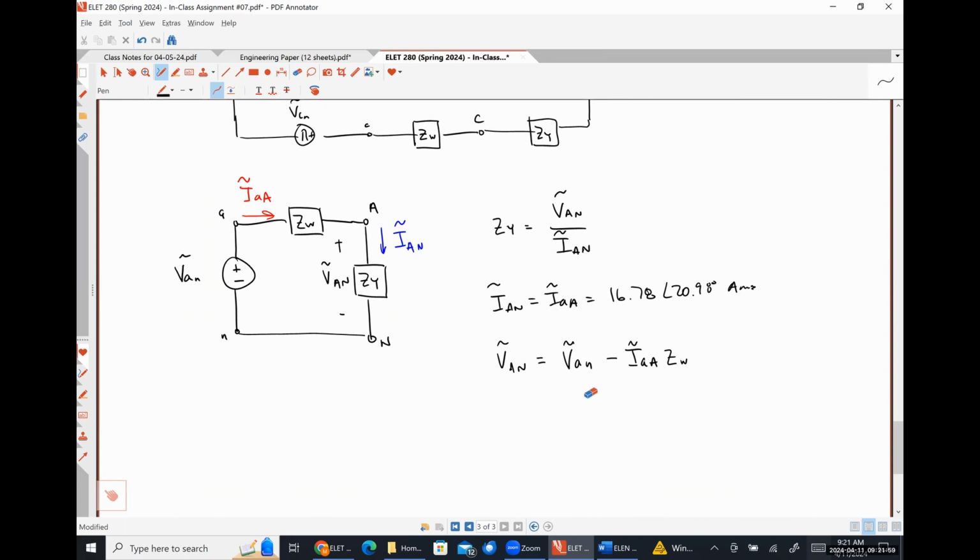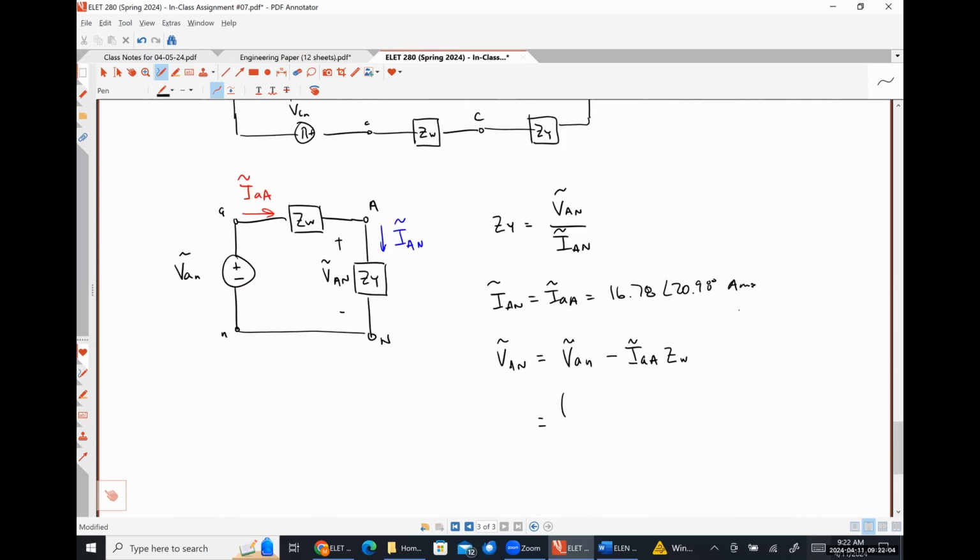So this would be 440 angle 70 degrees volts RMS divided by √3 angle 30 degrees, minus 16.78 angle 20.98 amps RMS. I'm running out of room here, so I'm multiplying that. I'm just going to write in ZW here because I ran out of room, and we'll put that in the calculator real quick.